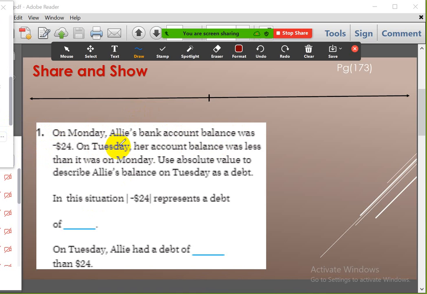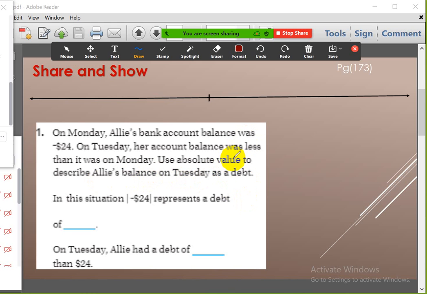On Tuesday, her account balance was less than it was on Monday. So the bank account balance becomes less than negative 24. Use absolute value to describe Ali's balance on Tuesday as a debt.